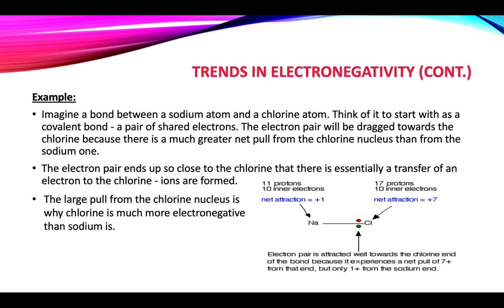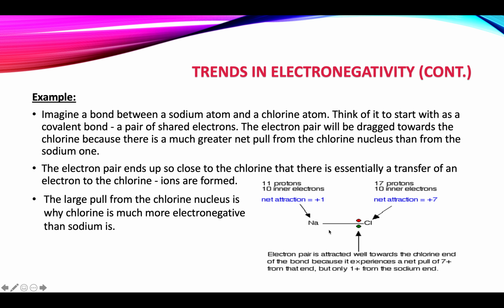Imagine a bond between sodium and chlorine. This is an ionic bond, and as you know, the bonding pair of electrons is attracted more towards the chlorine atom because it is highly electronegative, and sodium has less electronegativity. It is electropositive in other words.